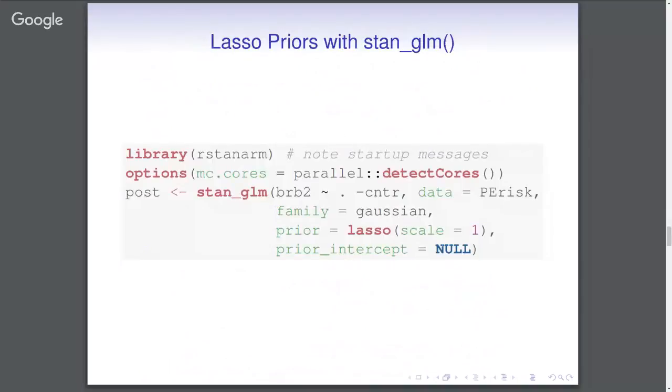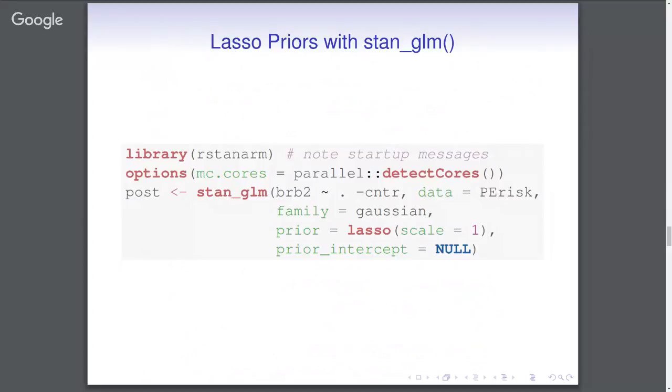And I'm going to say I want an improper prior on the intercept. It can be any real number. And it didn't show it here, I should have, but I'm just using the default prior on the error standard deviation, which I believe is a half Cauchy in rstanarm. That usually doesn't make too much of a difference as long as your outcome is not in ridiculous units.